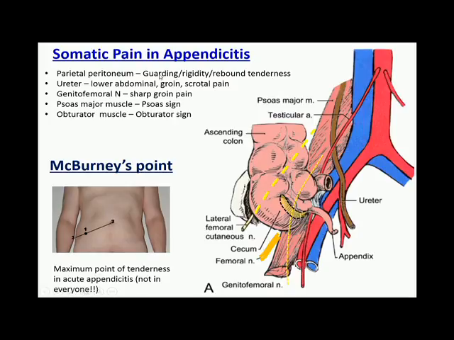So what are the mechanisms of guarding, rigidity, and rebound tenderness? Guarding means when you try to press the abdominal wall, palpate the abdominal wall in a patient with peritonitis, you push in and you are stretching the peritoneum. So that will irritate the peritoneum, right?